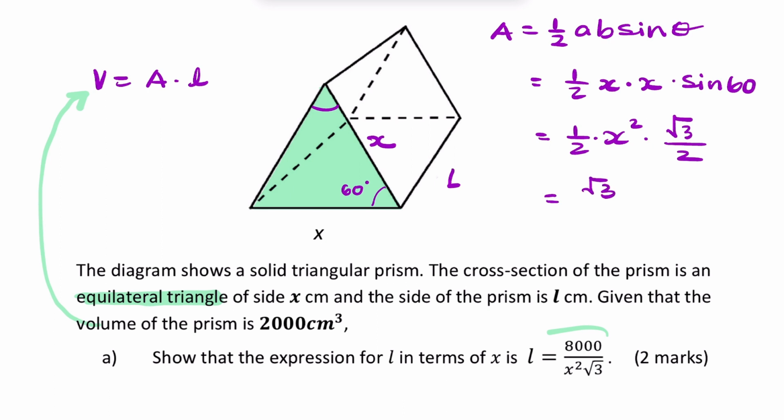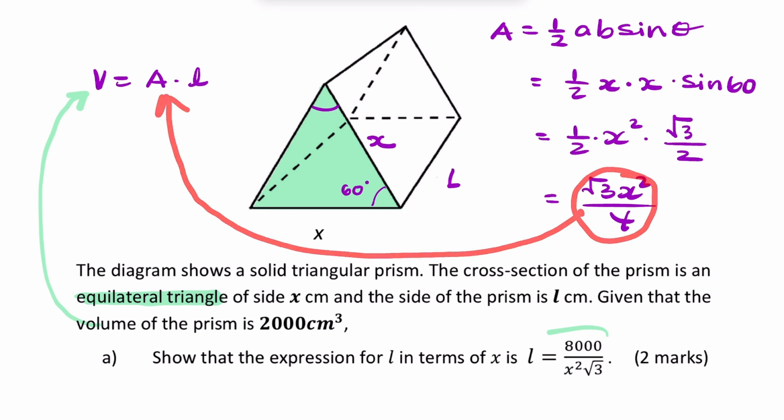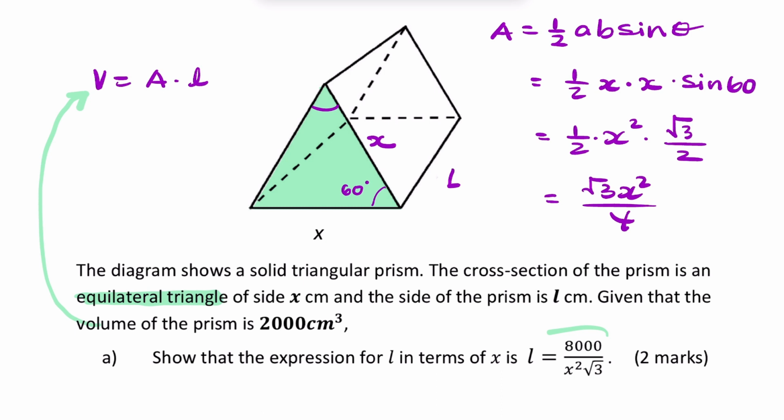So that's root 3 x squared over 4. And that area we can put into there. So we now have root 3 x squared over 4 times L, and we know that that volume is equal to 2000.